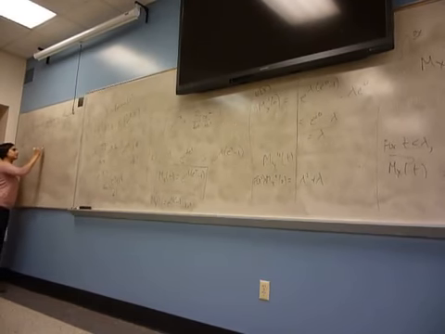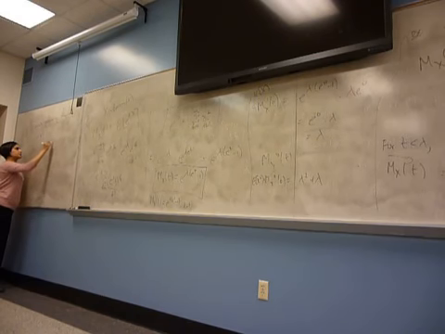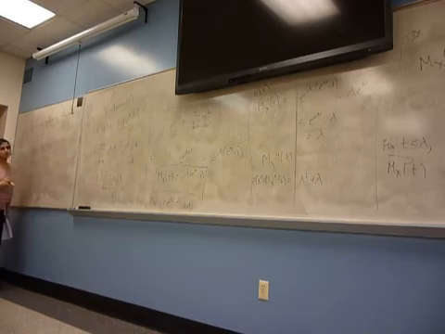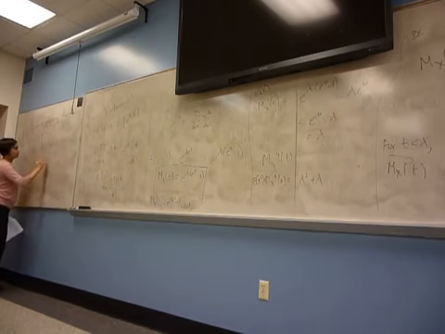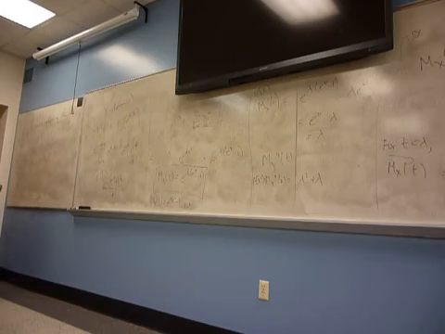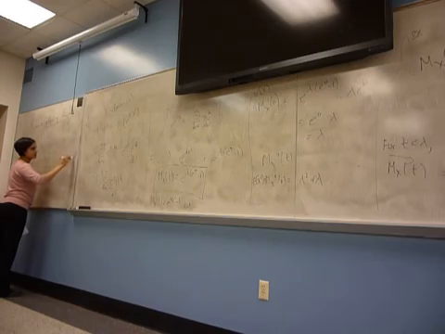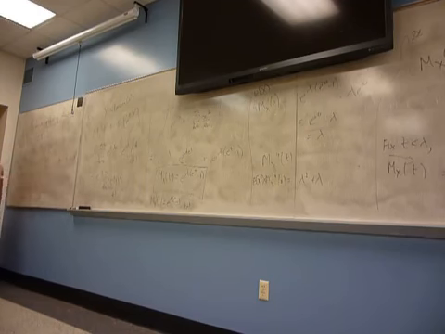So for X, which is exponentially distributed, your moment generating function is lambda over lambda minus t for t less than lambda, and this is undefined for t greater than lambda.